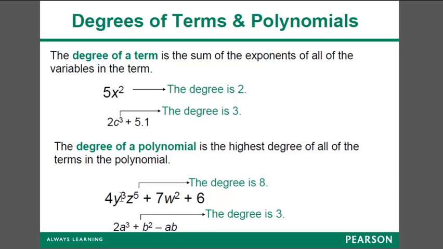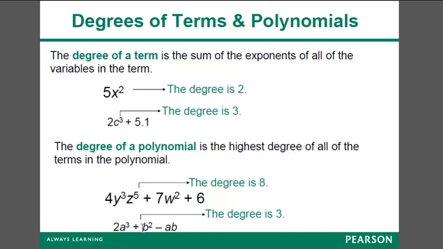Here we have y to the third, z to the fifth. We add their exponents and get 8. So the degree of this term is 8. So we have a degree of 8, 2, or 0. Well, 8 is the largest degree of any term in this polynomial. Therefore, the degree of the polynomial is 8. This would be an 8th degree polynomial.